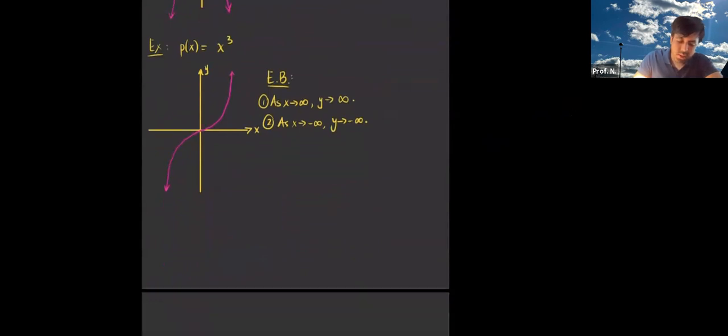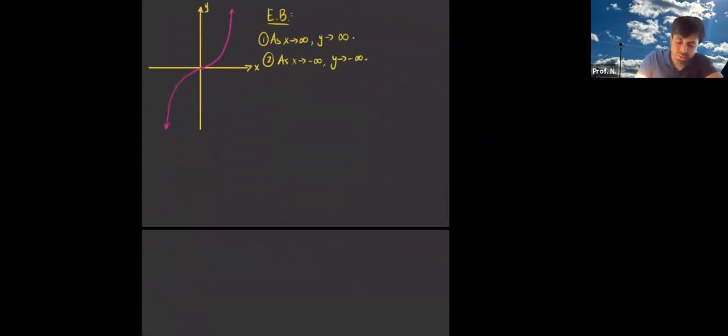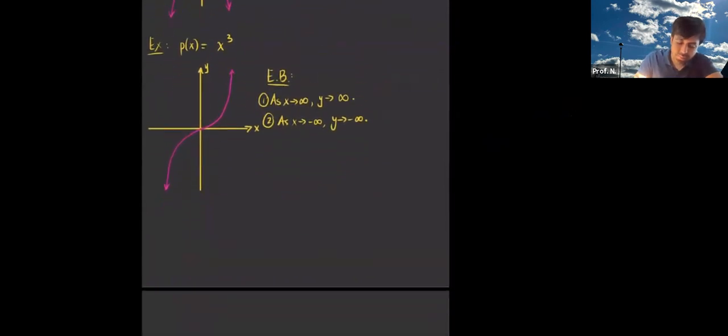And so let me give you one more of these. I'll put it right here, actually. What happens if I were to reflect that function? What happens to the end behavior, and what happens to the graph?